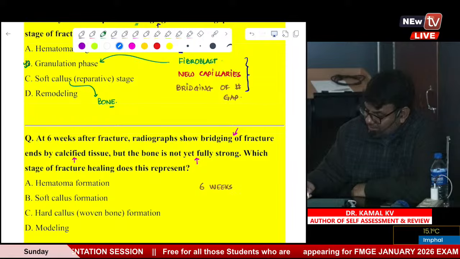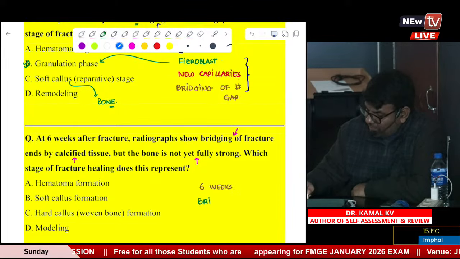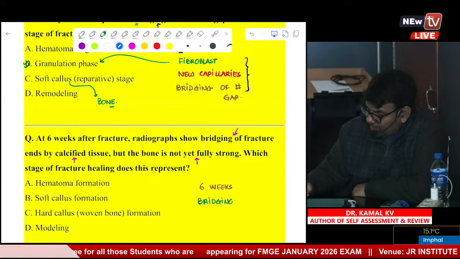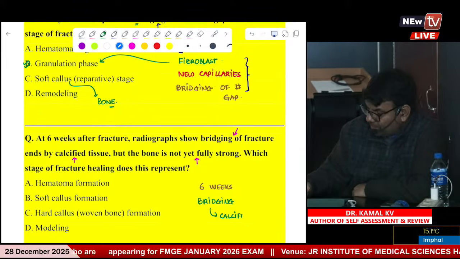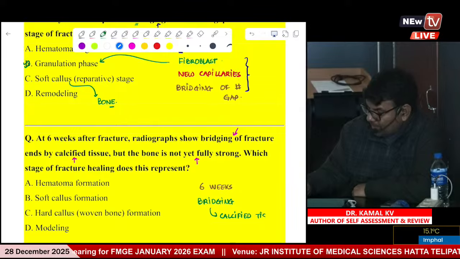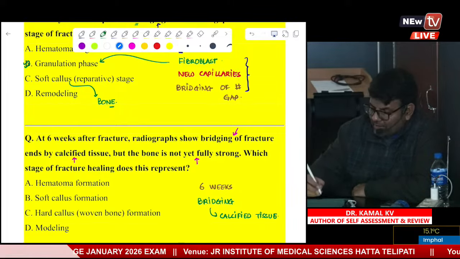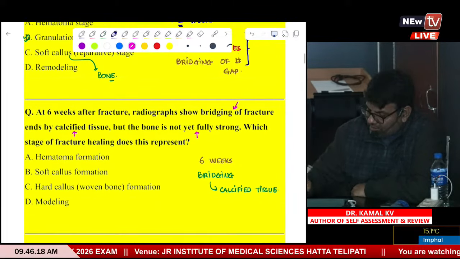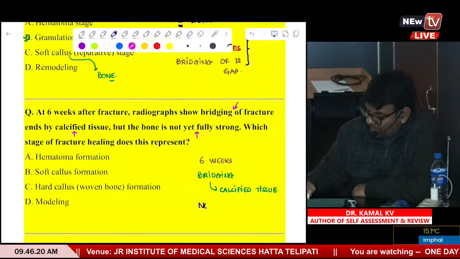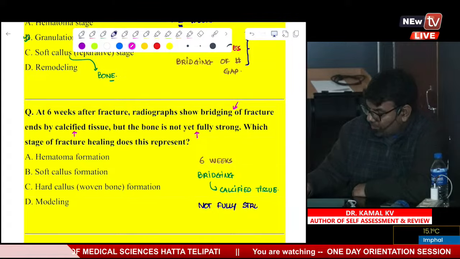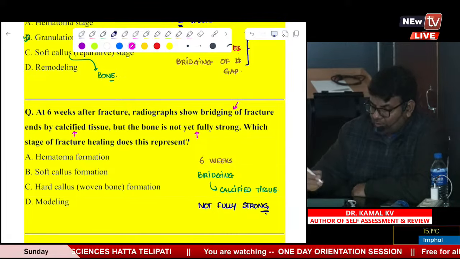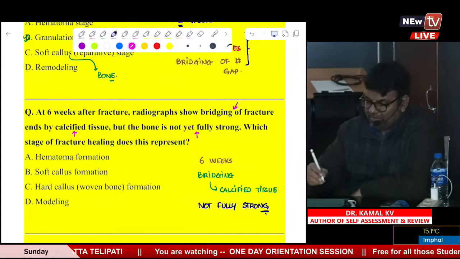Then there is bridging by calcified tissue. But yes, strength is not fully strong. So what will be your answer?